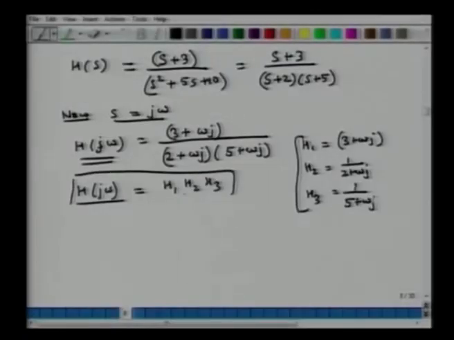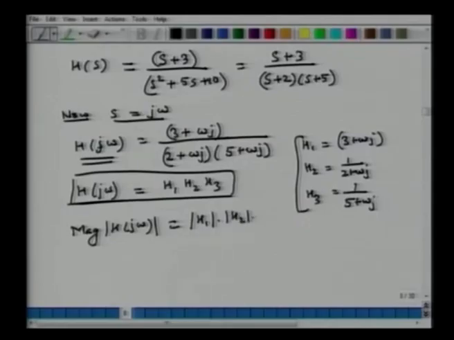And we know from the mathematics of complex variables that if I have a relation for H in such a way, then the magnitude of H(j omega) is basically the magnitude of H1 times the magnitude of H2 times the magnitude of H3, and the phase of H(j omega) is basically the phase of H1 plus the phase of H2 plus the phase of H3.